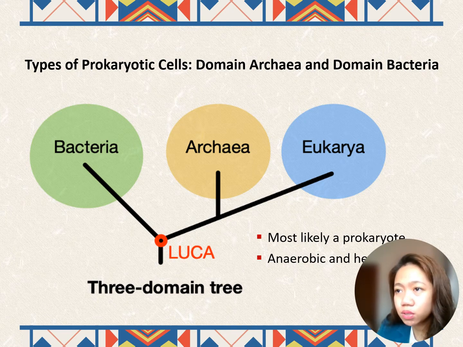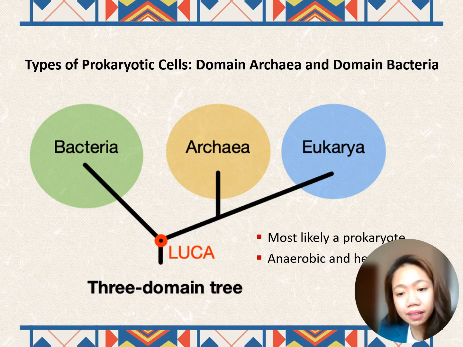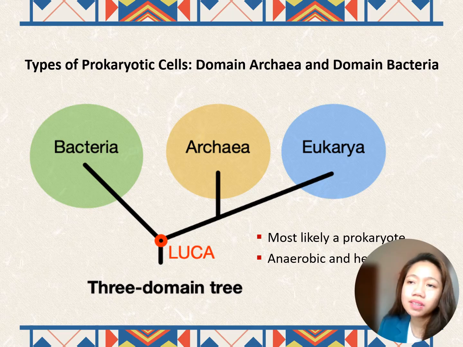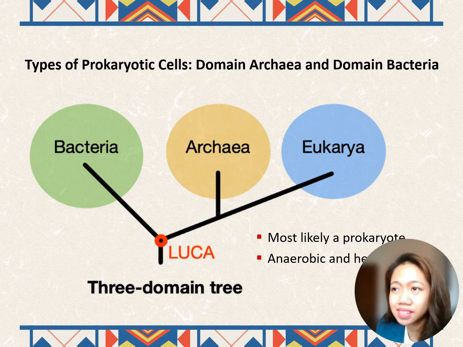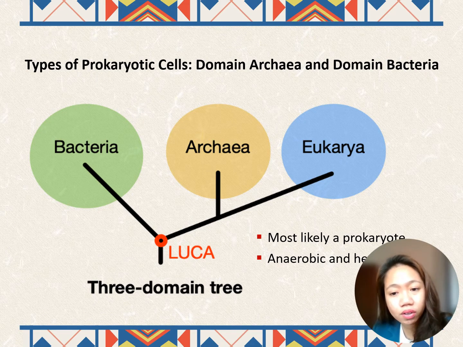Based on the hypothesis, LUCA is most likely a prokaryote since we know that they have been present ever since the beginning of our planet. They are anaerobic, which means they don't need oxygen.